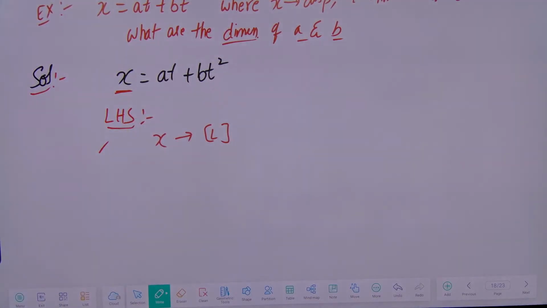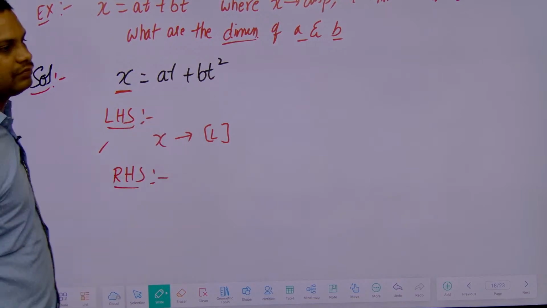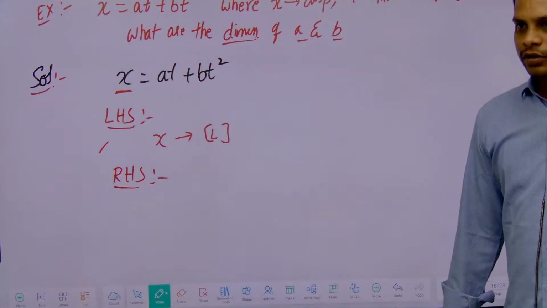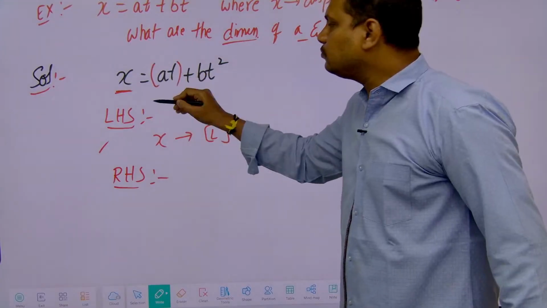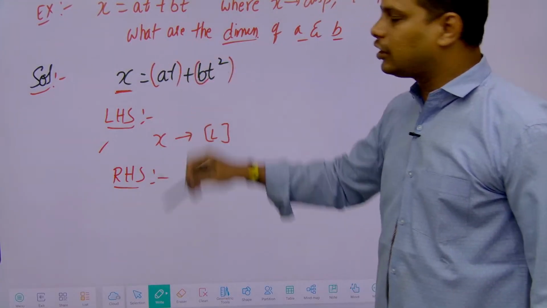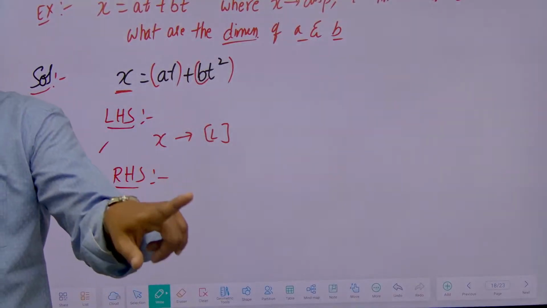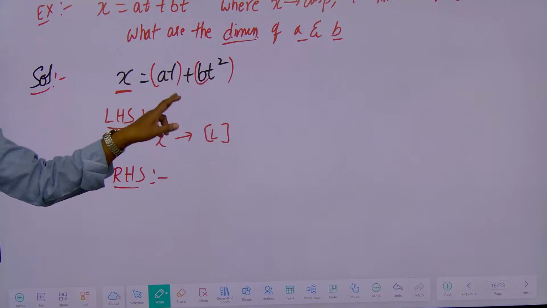Are you clear? Then take RHS. In RHS, how many terms are there? Two terms. Right? What are the two terms? AT is one term, BT square is another term. Each and every term of the right hand side and left hand side must have the same dimensional formula. If plus or minus is written, these are separate terms.